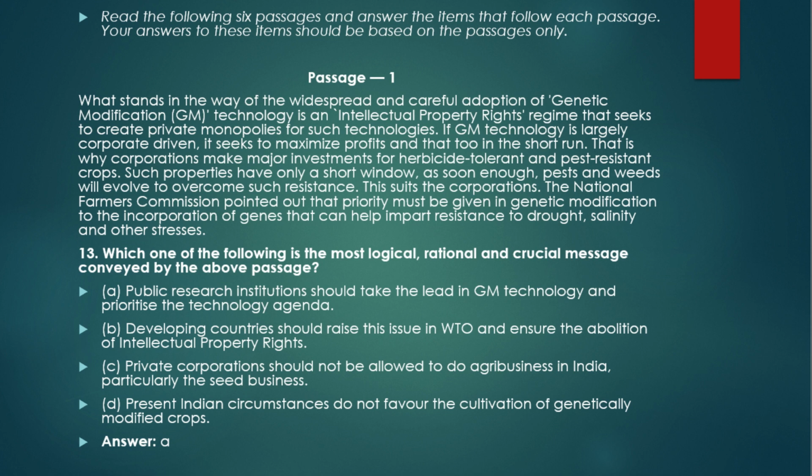B, developing countries should raise this issue in WTO and ensure the abolition of intellectual property rights. Option C, private corporations should not be allowed to do agribusiness in India, particularly in the seed business. D, present Indian circumstances do not favor the cultivation of genetically modified crops.